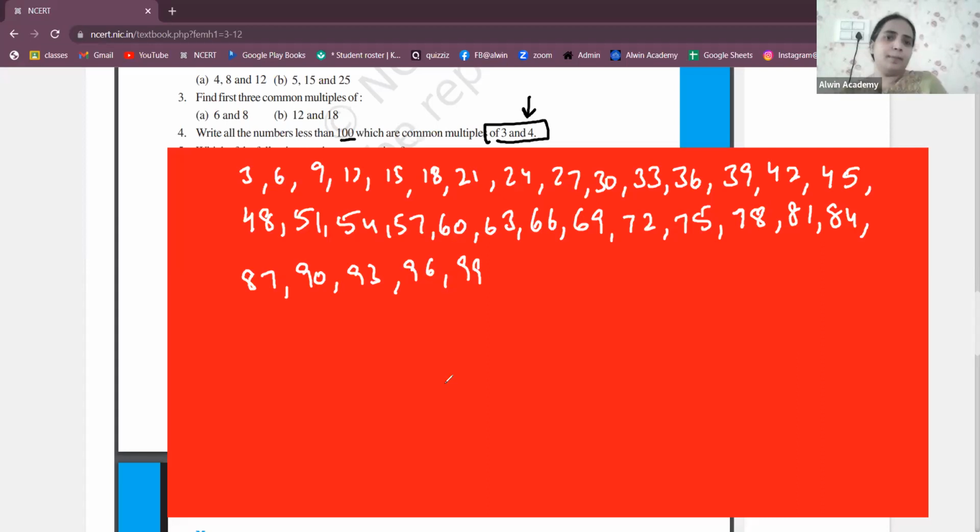These are the multiples of 3 less than 100.